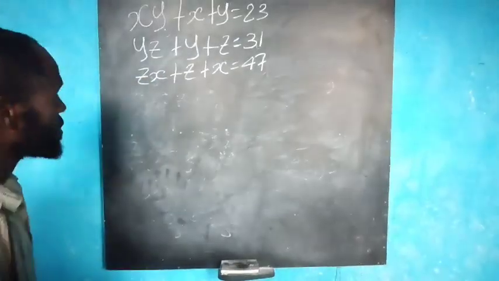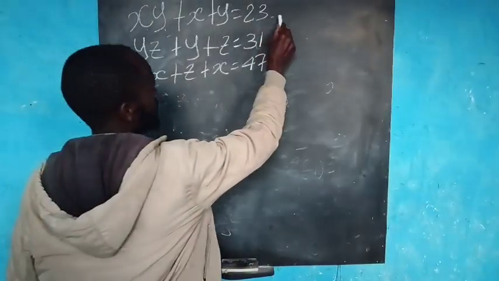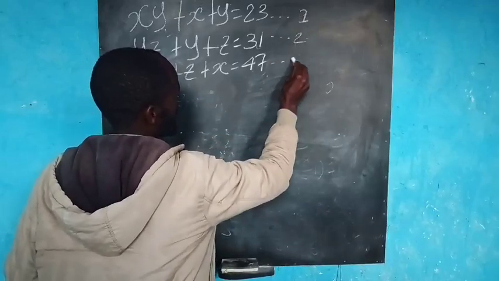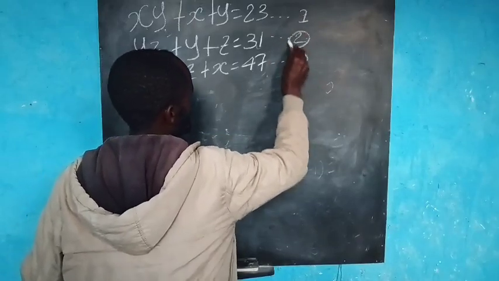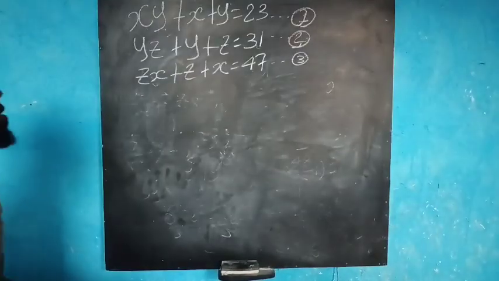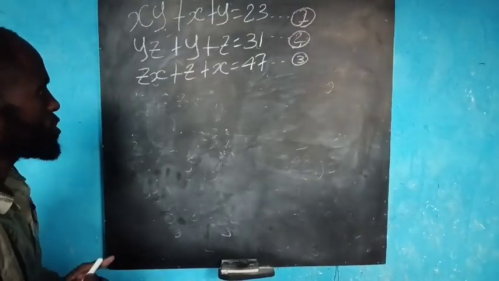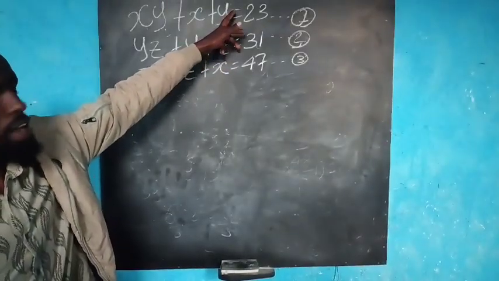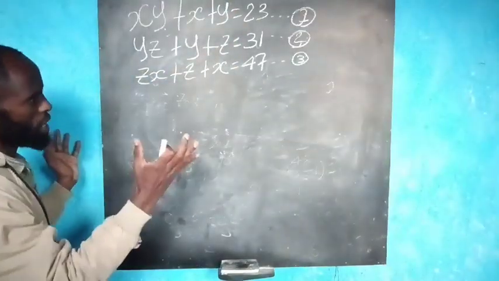Now we have three equations: equation 1, equation 2, equation 3. The first step is adding 1 to every equation on both sides.